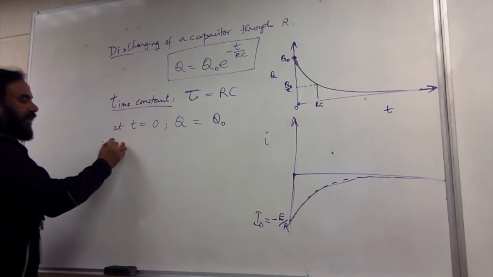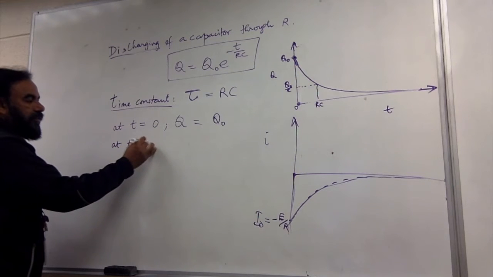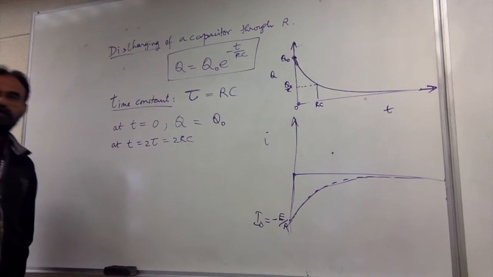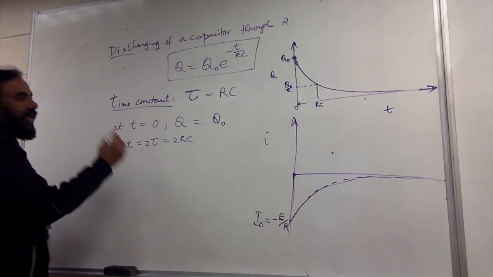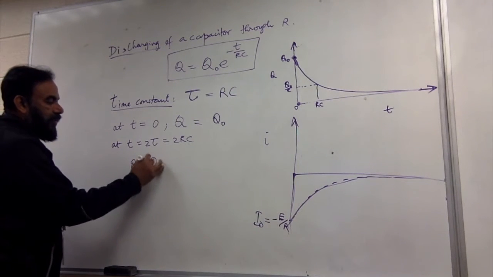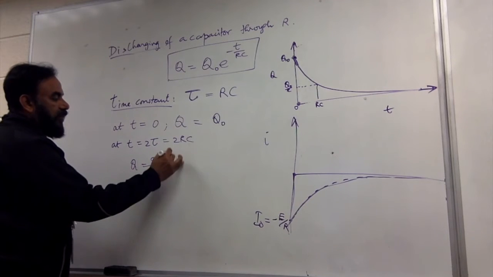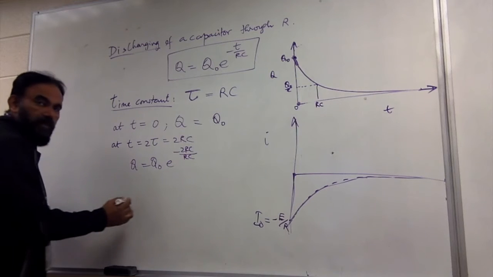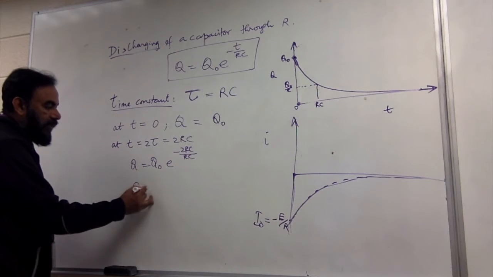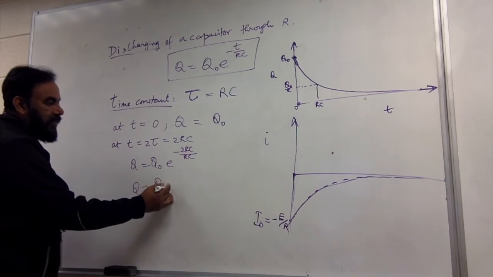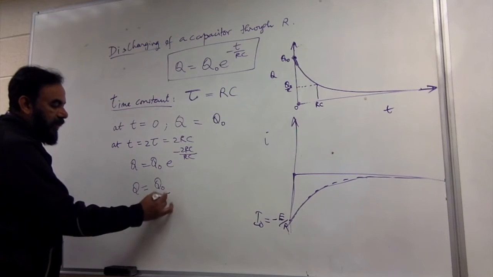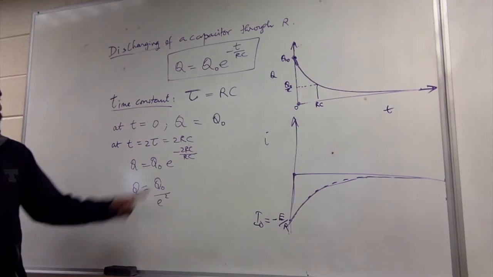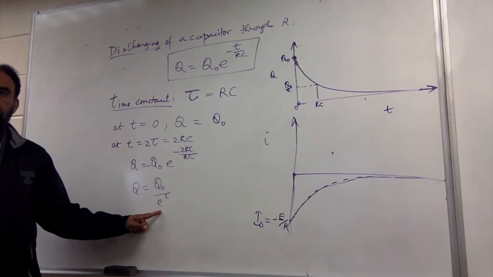What is going to happen at t equals 2 tau, which is basically 2 times RC? Then Q is equal to Q naught e to the power of minus 2 RC over RC, which is Q equal to Q naught over e squared, because e to the power of minus 2 is 1 over e squared.